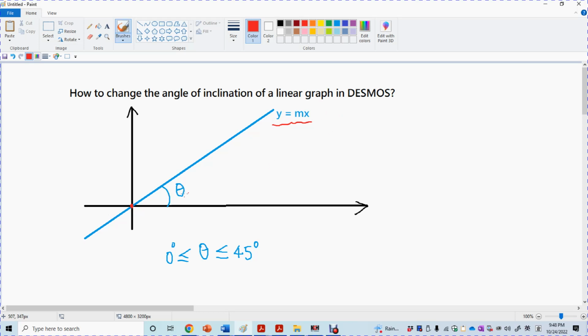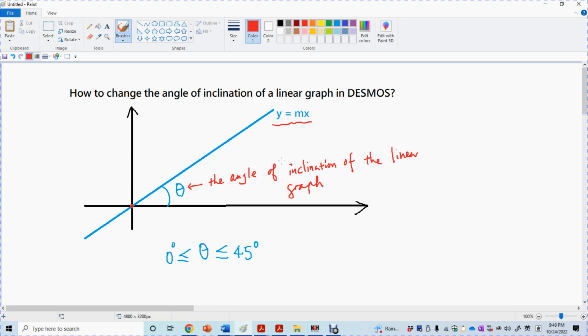And there's a theta between the line and the x-axis, and we call this the angle of inclination of the linear graph.